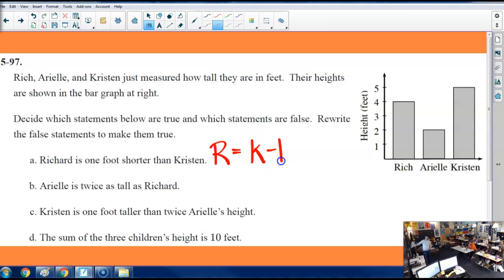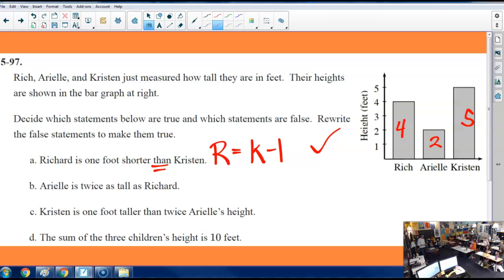So what that sentence says, Richard is 1 foot shorter than Kristen, right? 1 foot taken away from Kristen. Is this true? Well, Kristen, 5 minus 1 equals 4. We have Rich is 4, Ariel's 2, Kristen's 5. This checks out, because Rich is 1 foot shorter than Kristen.